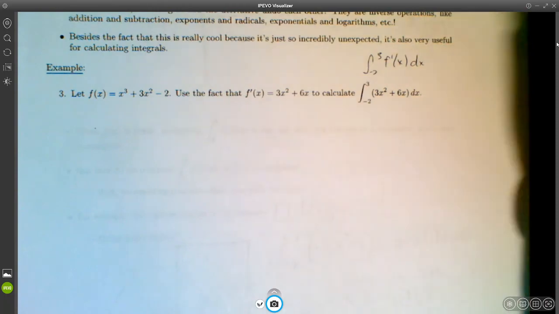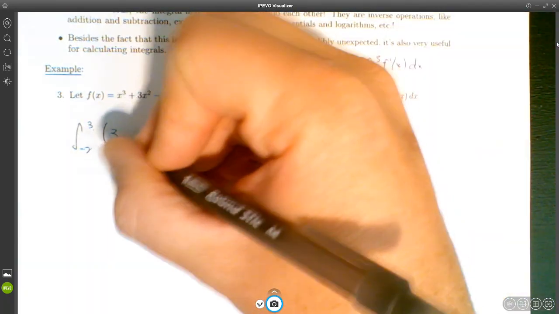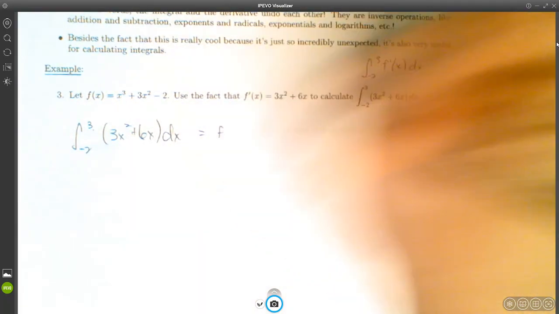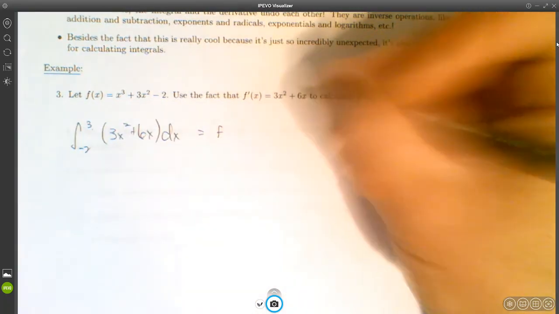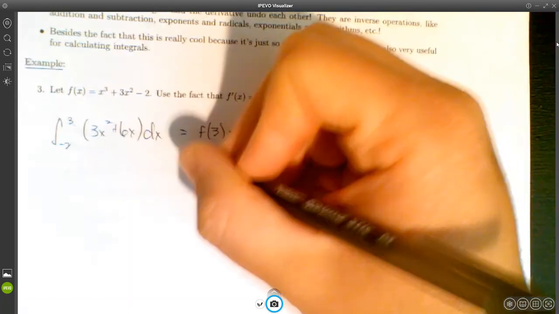So let's do it. The integral from negative 2 to 3 of 3x squared plus 6x dx is going to be f, not f prime, not 3x squared plus 6x, but f, the original function: f of 3 minus f of negative 2.